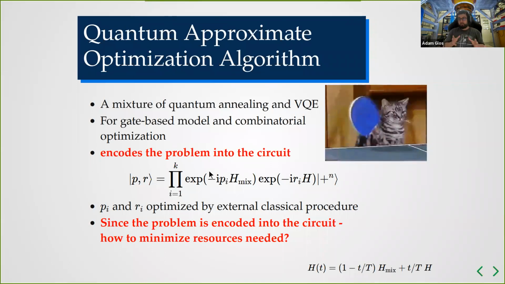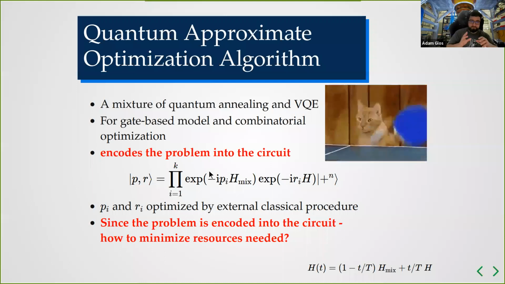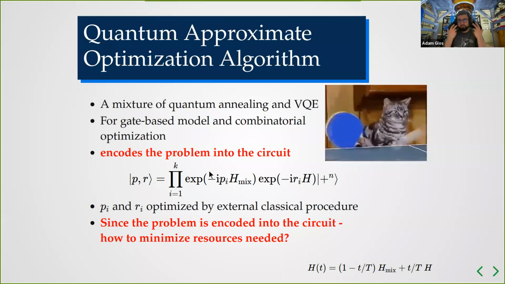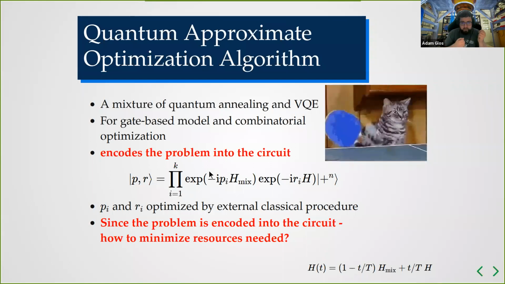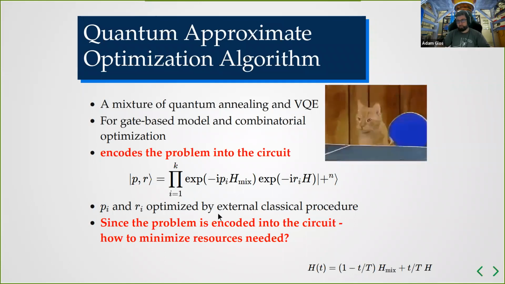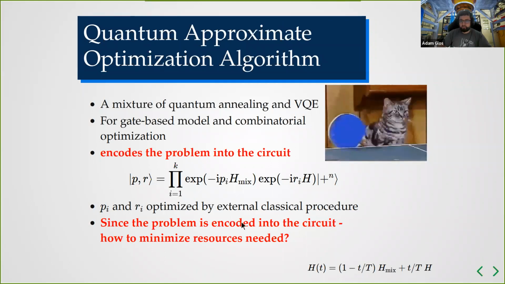So our main focus will be QAOA. QAOA could be seen as a mixture of quantum annealing and variational quantum eigensolver, where we still have some ansatz, a sequence of quantum gates with some trainable parameters, but this ansatz was inspired by the adiabatic evolution.